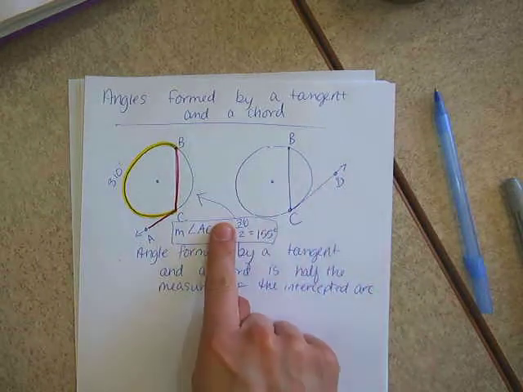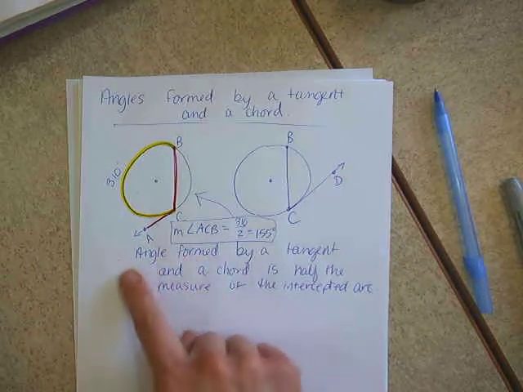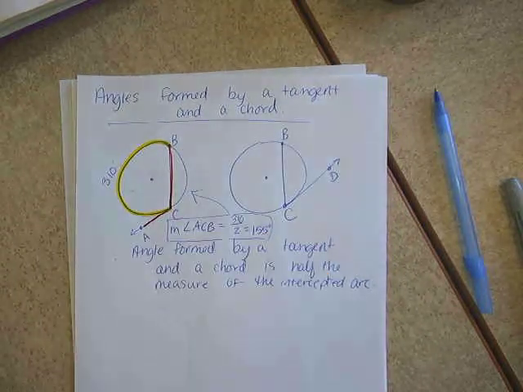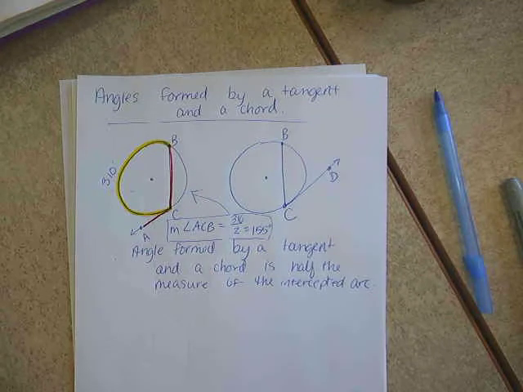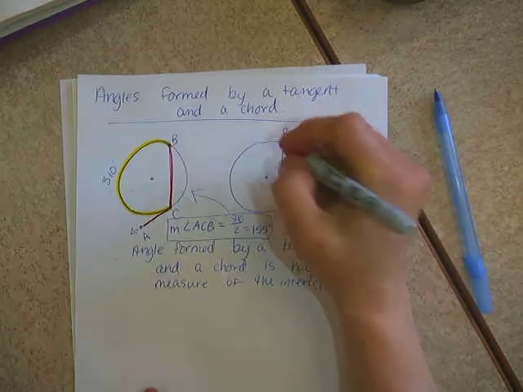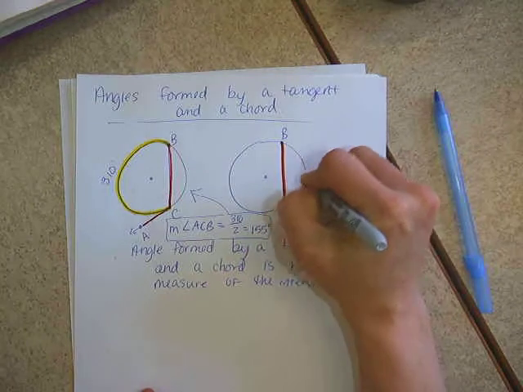Yeah, if this arc is 310, then the angle that we're talking about, that angle there, is 155.